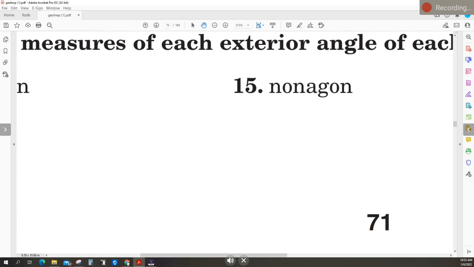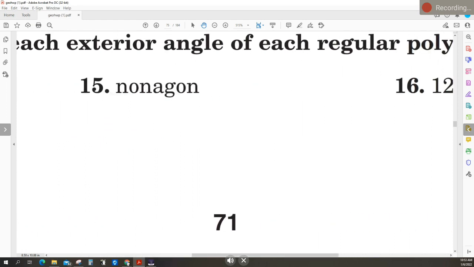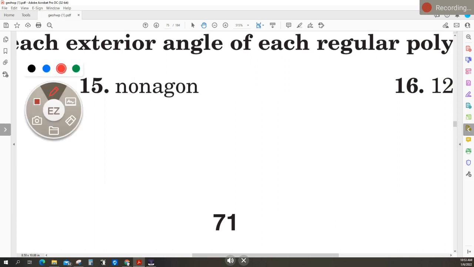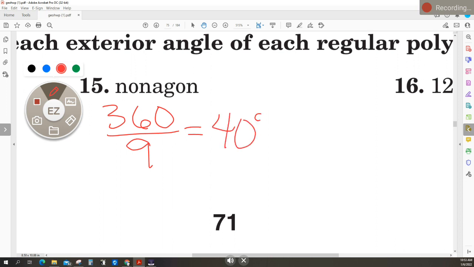What about on a nonagon? On a nonagon, what do they add up to? There's the 360. How many of them are there? There are 9. So if we divide by 9, that's going to tell us each one is 40 degrees. You'll see how it works? Okay.